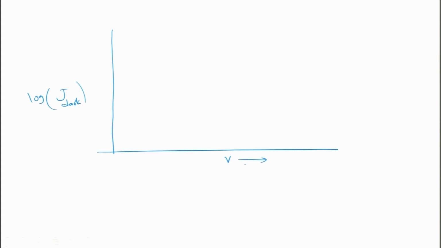So if I now plot, let us say, J dark, this is at log scale as a function of V. If I draw only for diffusion current, then for diffusion current the slope should be like this, right.